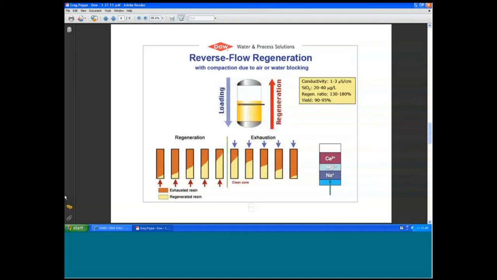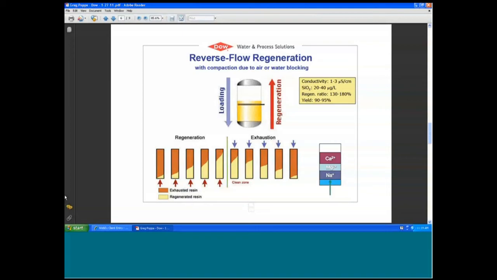So you have a very nice cooperation of the different ions helping to remove the ones above them. And as you can see in the upper right-hand corner of the box, the regeneration ratio could save you as much as twice the amount of chemicals through this type of operation.